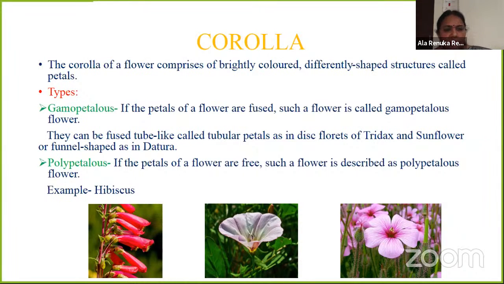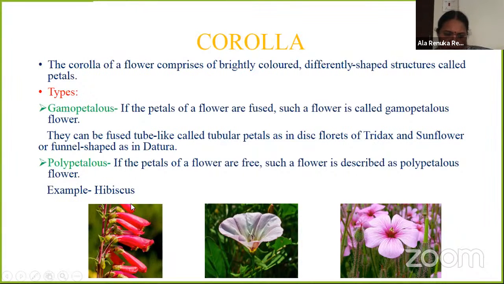And different types of flowers are based on the corolla, that is, the fusion or unfusion of the petals: the gamopetalous and polypetalous conditions. If the petals in a flower are fused, the flower is said to be gamopetalous. In this you see, they fuse to form a tube-like corolla.